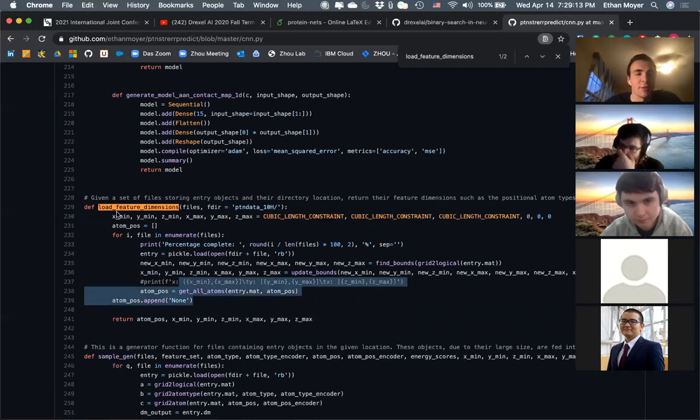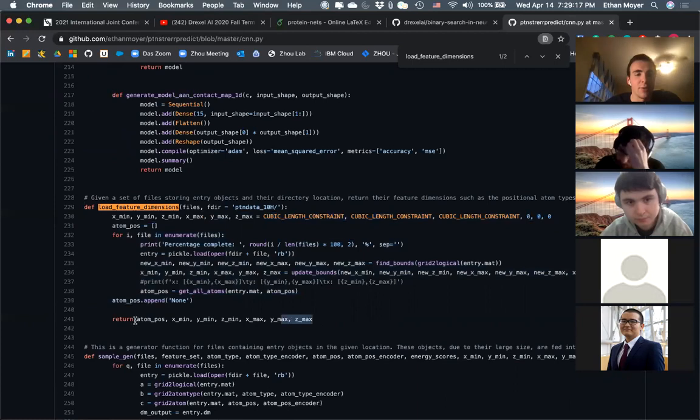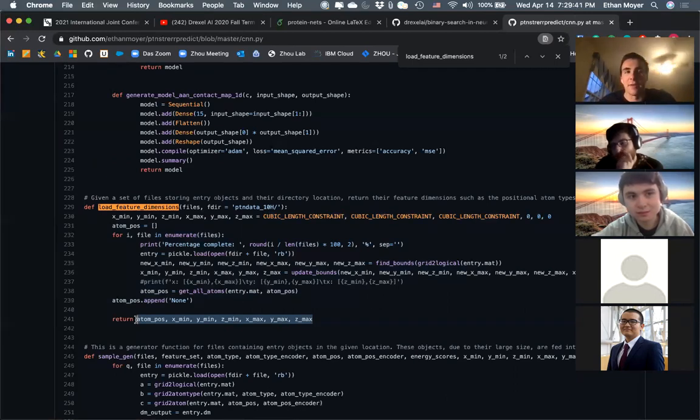So given a list of files in a directory, it gives you the smallest rectangular prism that encompasses all of the non-zero elements. Oh, for every single atom, every single body. Yeah, it's for every single one. This is across all samples. So then you know, at the very least, what your architecture has to look like, or how big it has to be for the input layer.